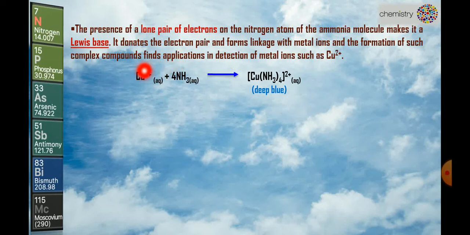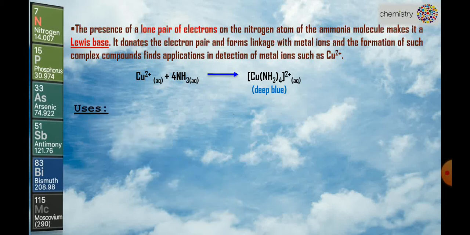This finds application in the detection of metal ions. Remember that ammonia behaves like a Lewis base because of the donation of a lone pair of electrons. Example, this equation. I hope it's clear to you.